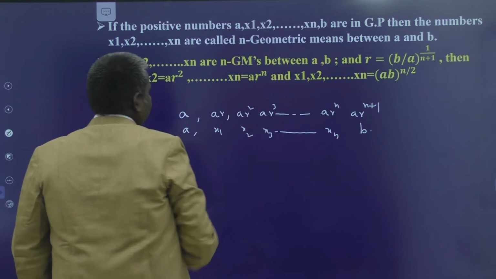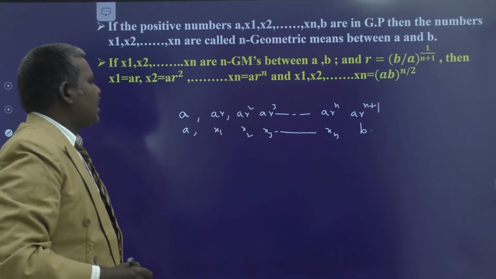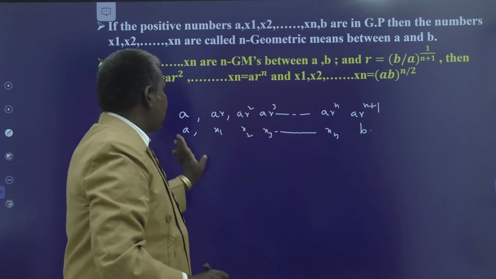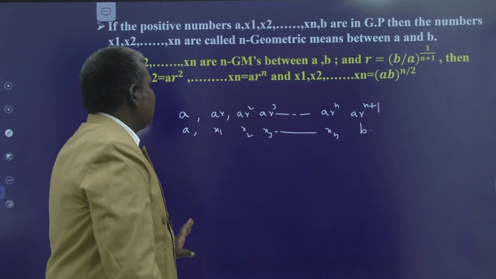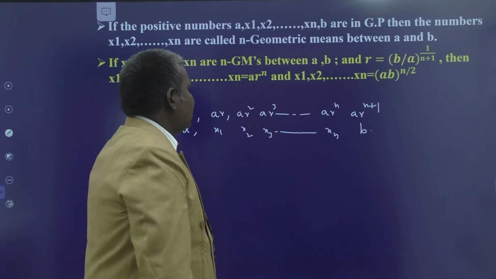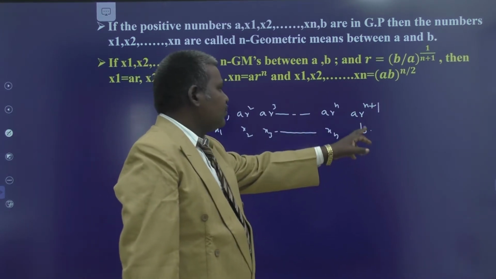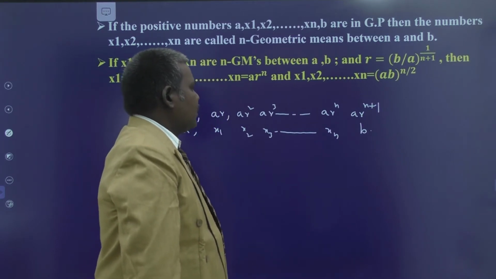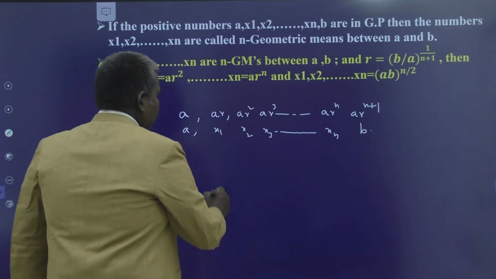What is my x1? ar. What is x2? ar square. What is xn? ar power n. These are n geometric means. The next term automatically is ar power n plus 1, because the common ratio is r: ar power n plus 1 by ar power n gives r.